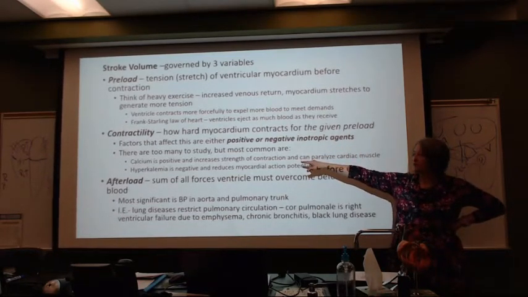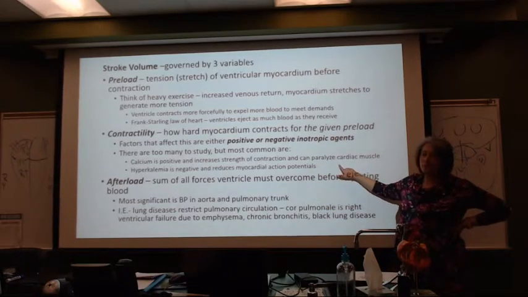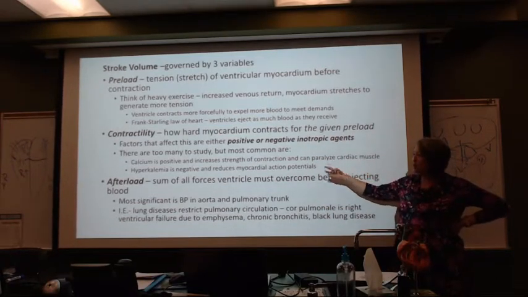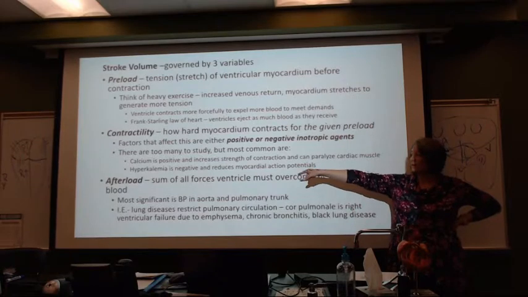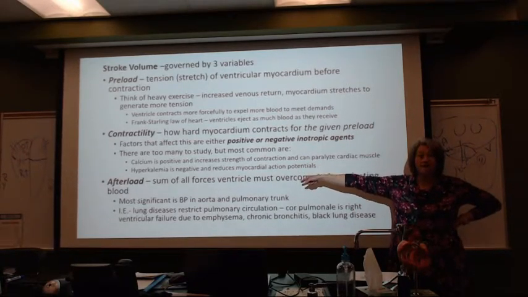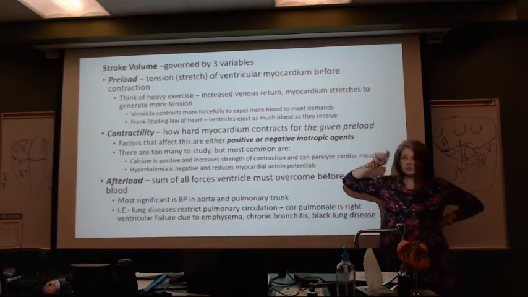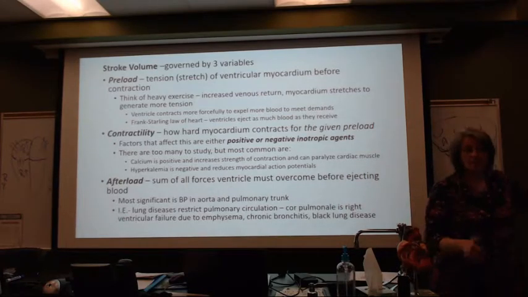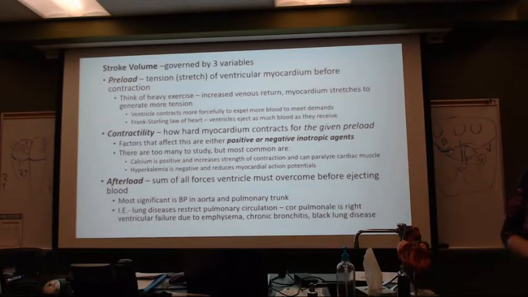There are way too many of them to study, but the ones that we do know play a major part are calcium and potassium. They are going to affect the contractility. Calcium is positive and can strengthen the contraction. The potassium is negative and decreases it.